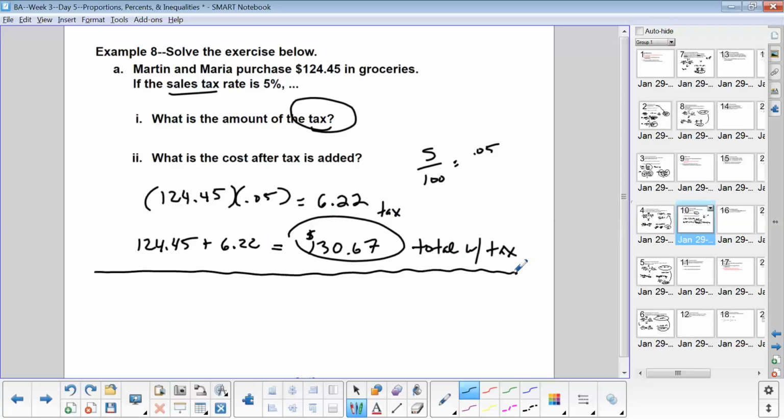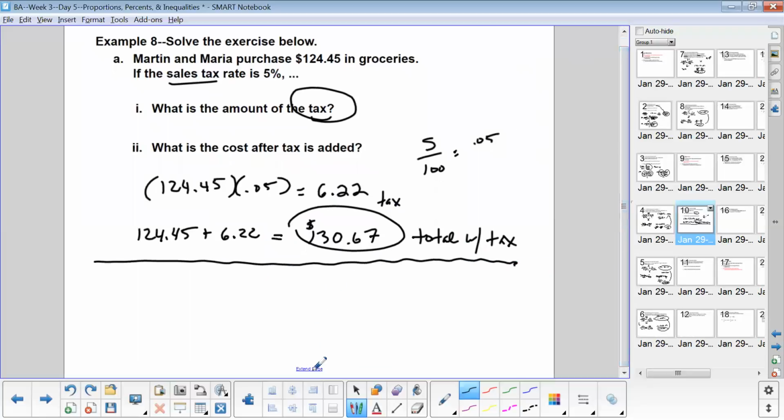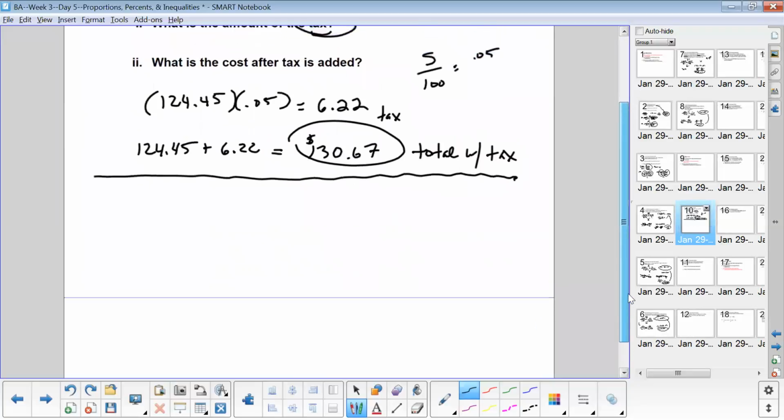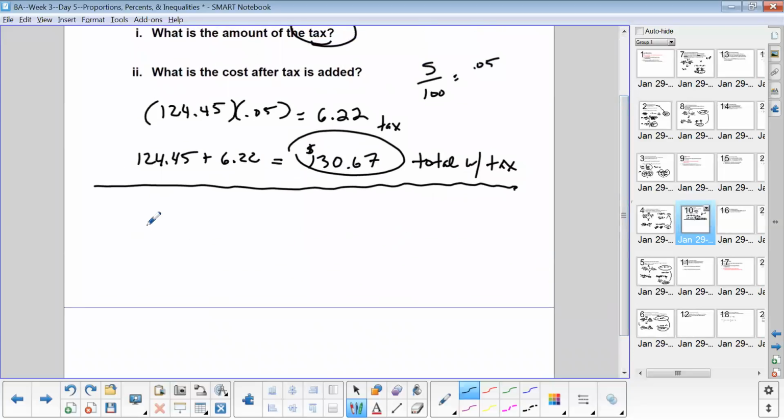Now, let's look at another way to do that. If you like that method, you understand that method, then I want you to go with it. That's fine. Another method is, well, notice that we took the percentage of the total, and then we added that percentage to the total.